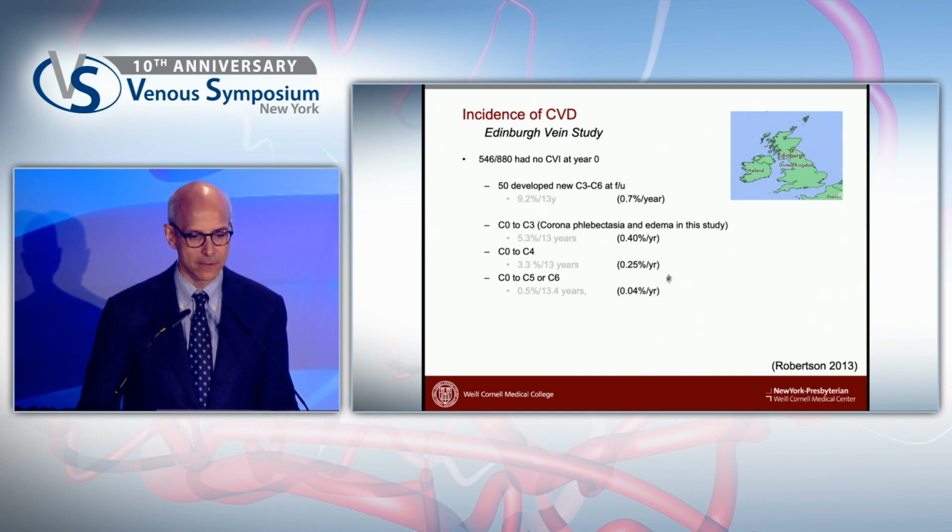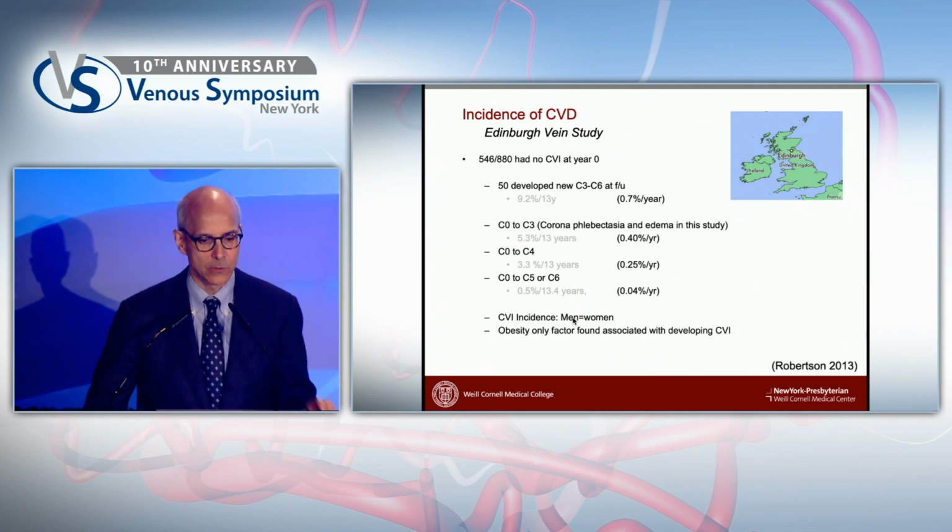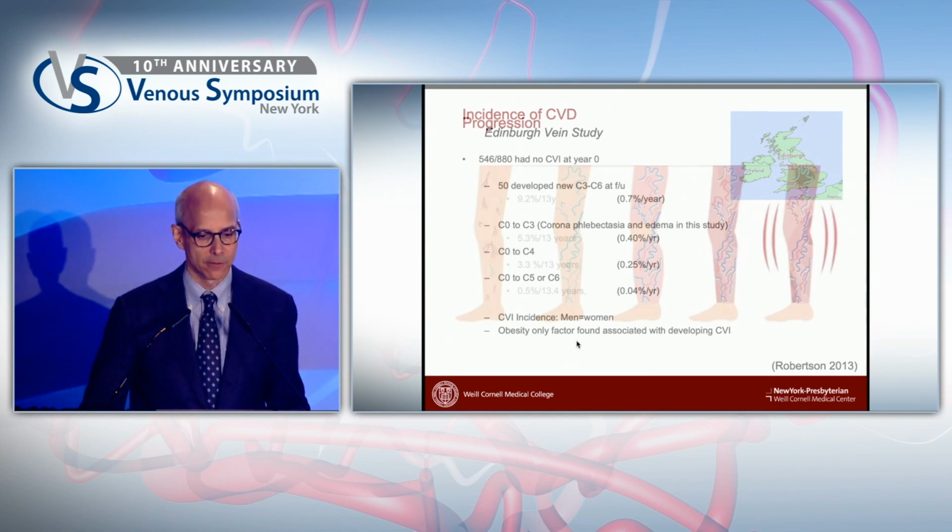So the incidence of advanced disease, although as common as the incidence of varicose veins, is primarily in the form of edema. The incidence was equal in men and women, and obesity was the factor that they found associated with advancement.